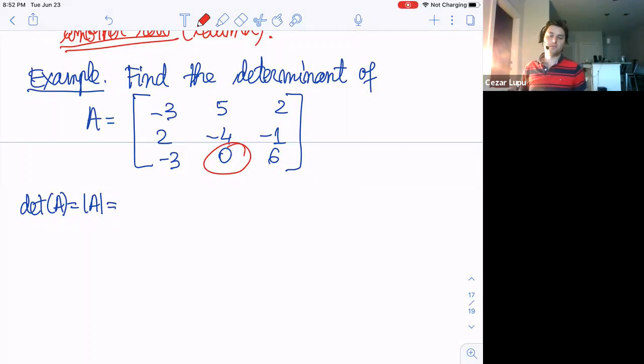You want to create as many zeros as possible. So is there a way for me to create another 0 somewhere?